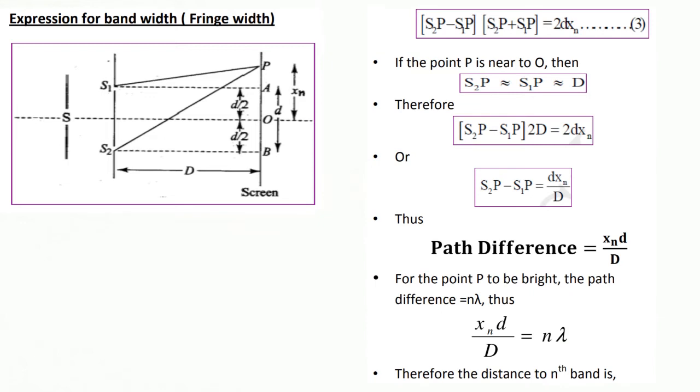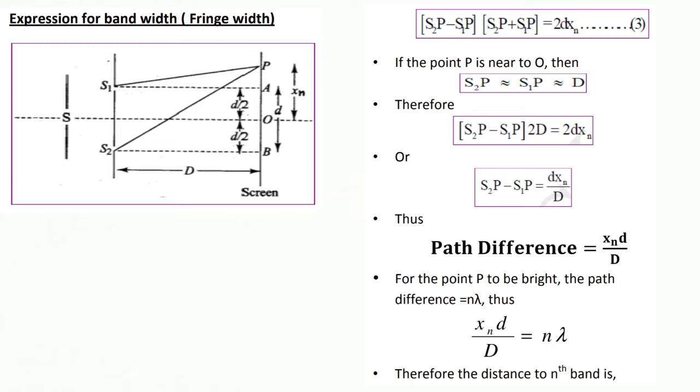If the point P is near to O, then S2P is approximately equal to S1P, which is again approximately equal to D. Therefore, the equation becomes (S2P minus S1P) into 2D equal to 2dXn, or S2P minus S1P equal to dXn divided by D. This is the path difference.